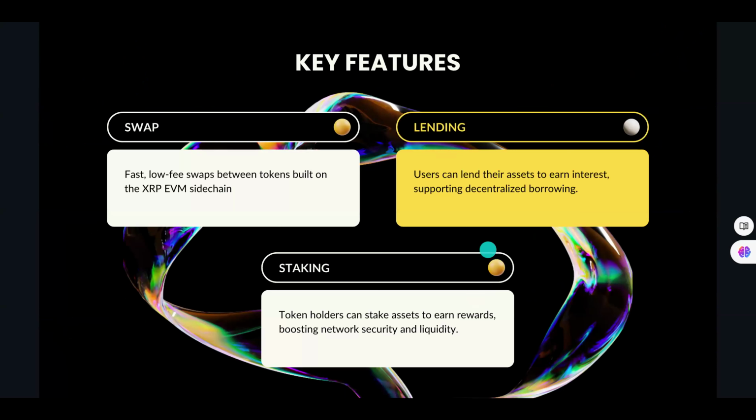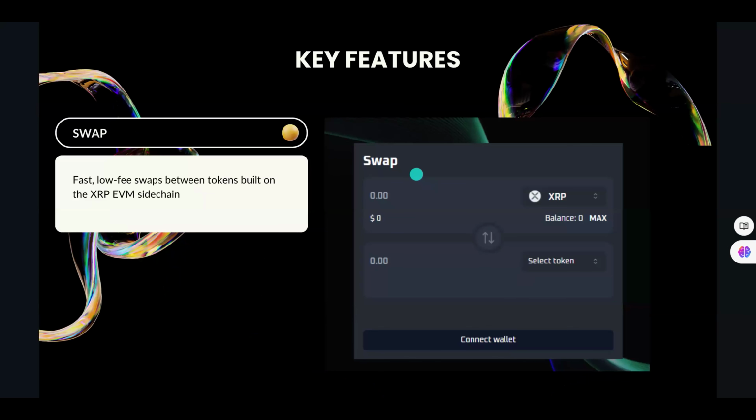And here are our key features. As you can see, swap, lending, and staking. I will go one by one. Swap: you can see fast and low fee swaps between tokens built on the XRP EVM sidechain. It's like a common feature in other networks, right?